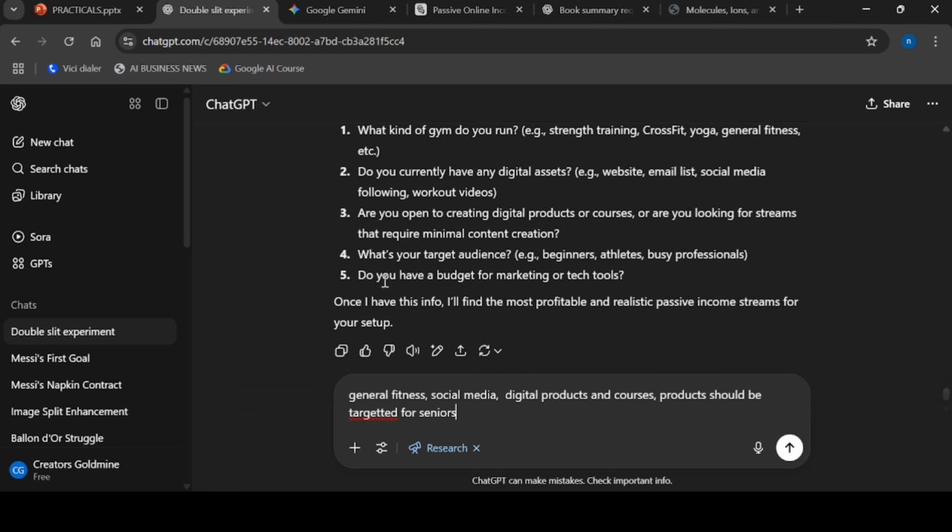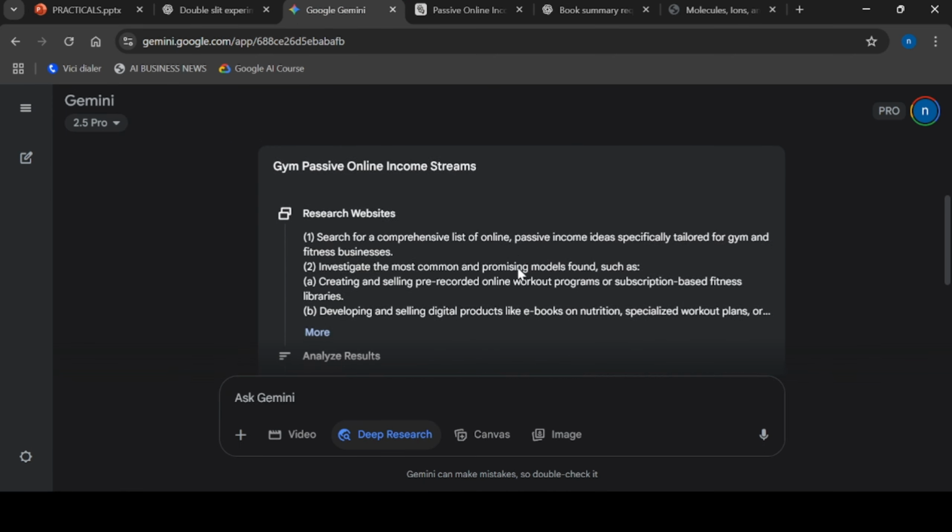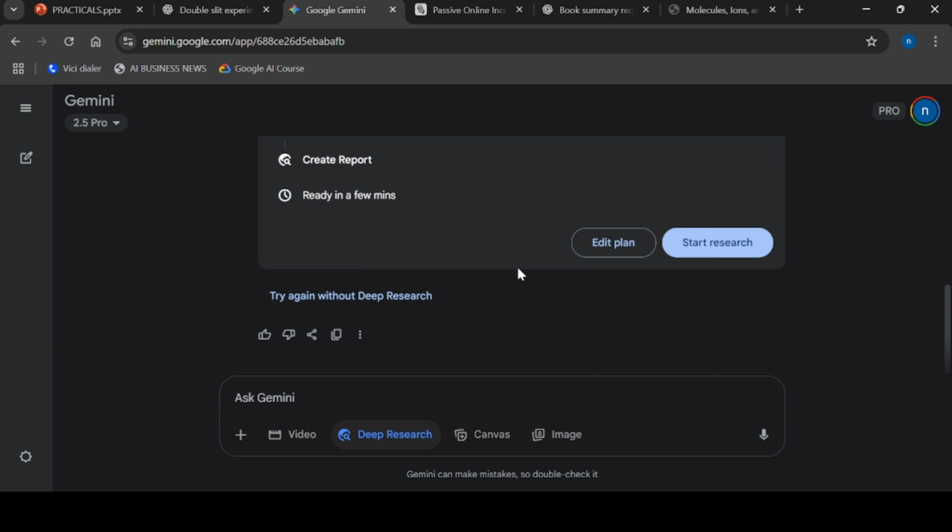Do you have a budget for marketing or tech tools? Okay, I have just $100 for marketing. Okay, so let's go. It will start its research. Now let's see what Gemini gave us. Research websites, create a report.